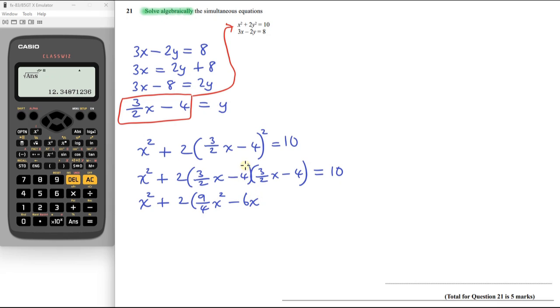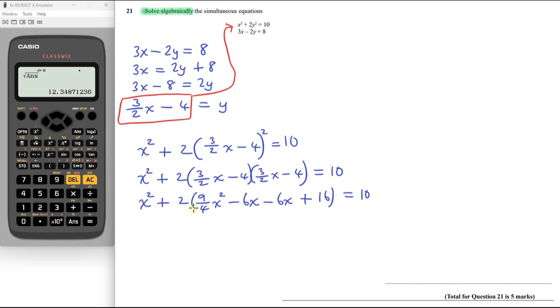And then the inside terms are going to be exactly the same, negative 6x. And then our outside terms, negative 4 times negative 4 is plus 16. And that equals 10.